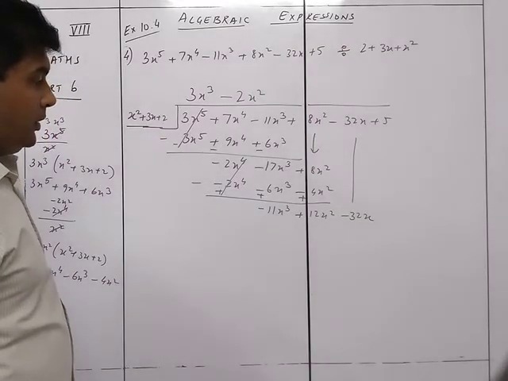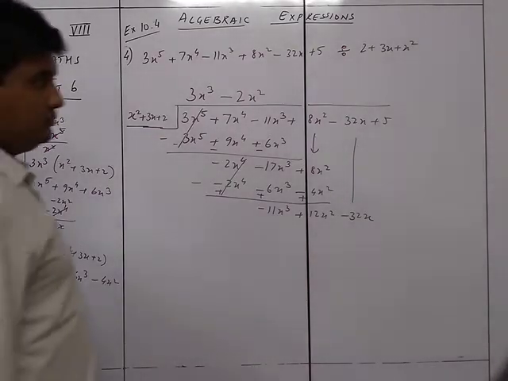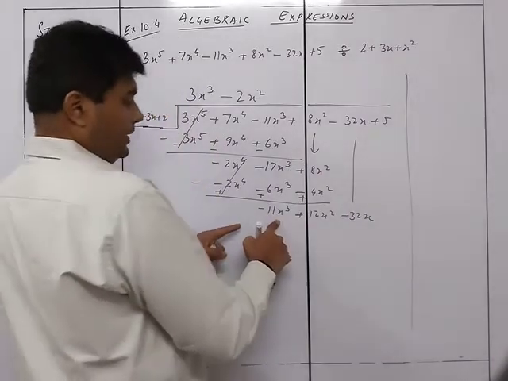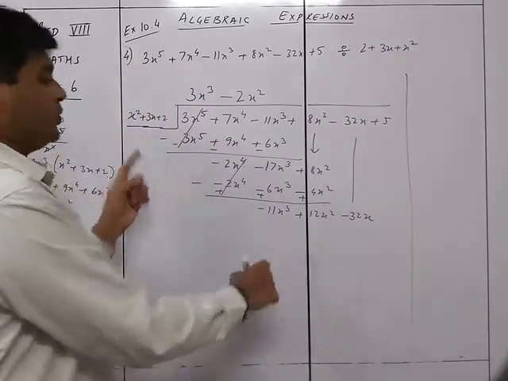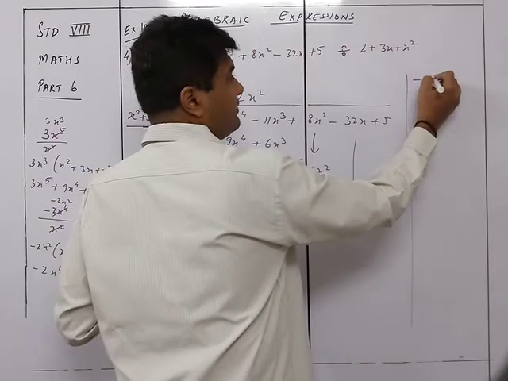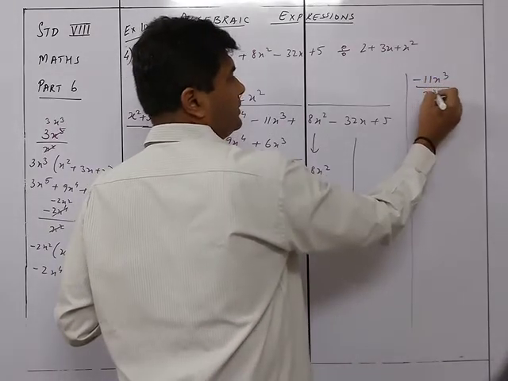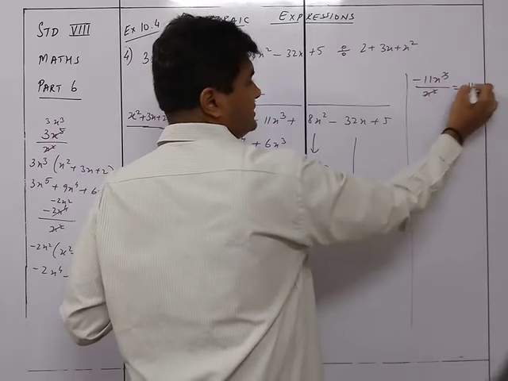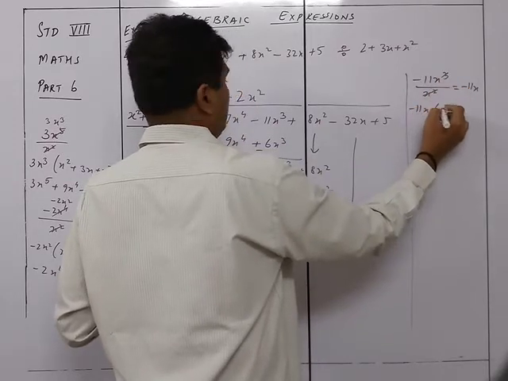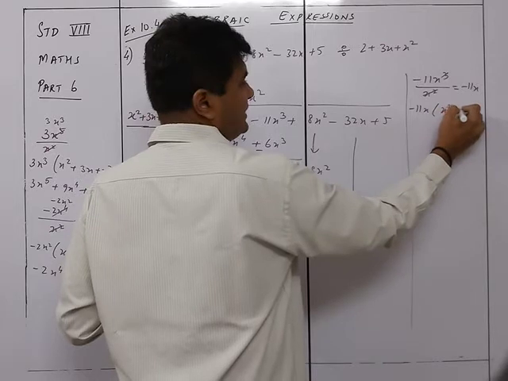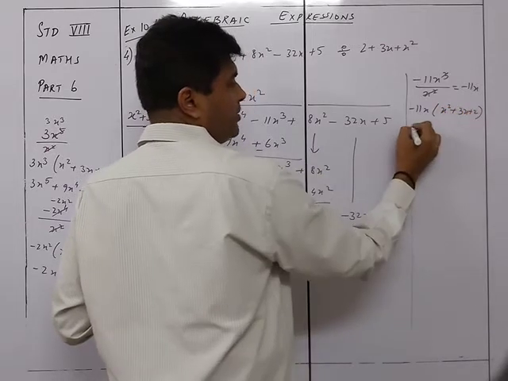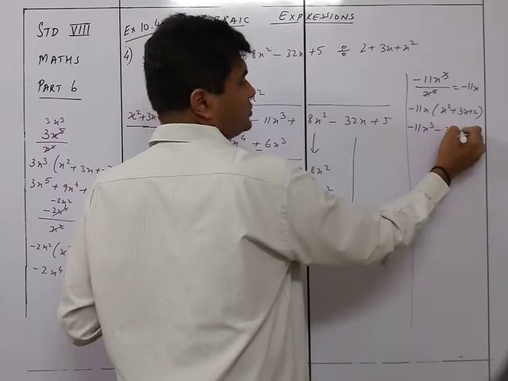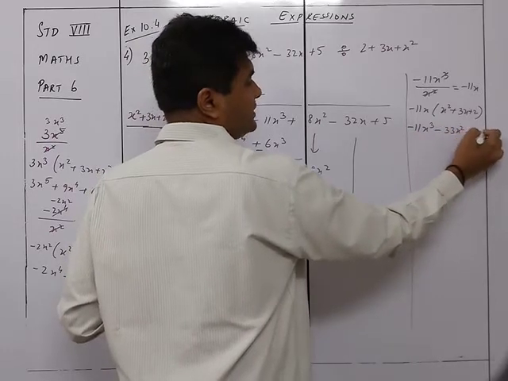Okay. Again the same thing. I'll show the rough work here. Minus 11x cube upon x square. That will give you as minus 11x. So minus 11x into x square plus 3x plus 2. So that will be minus 11x raised to 3 minus 33x square minus 22x.